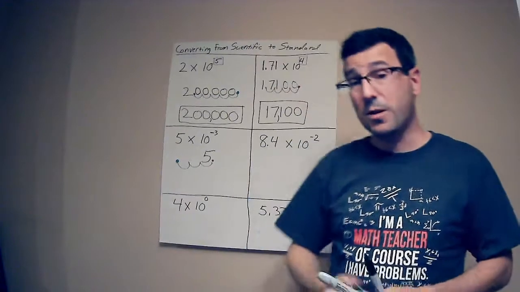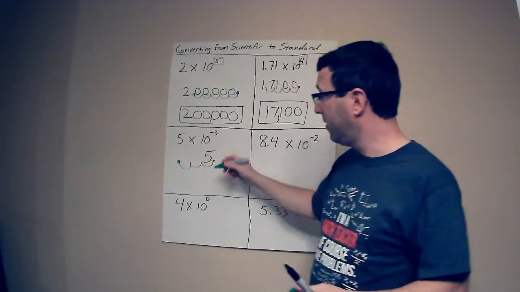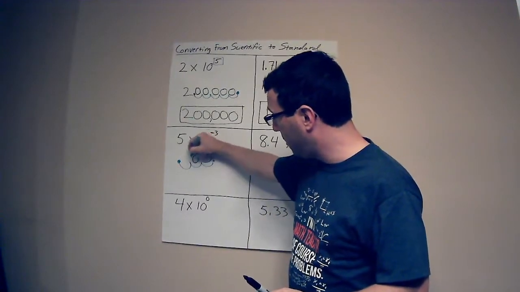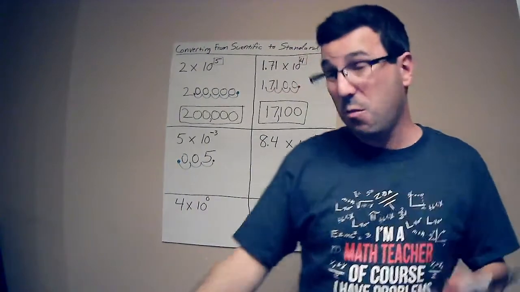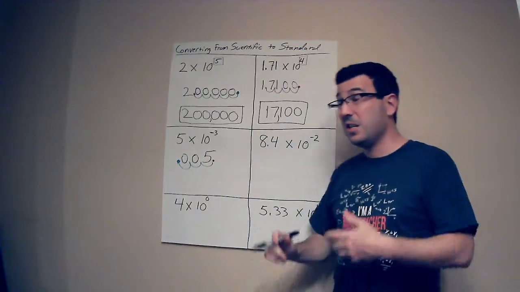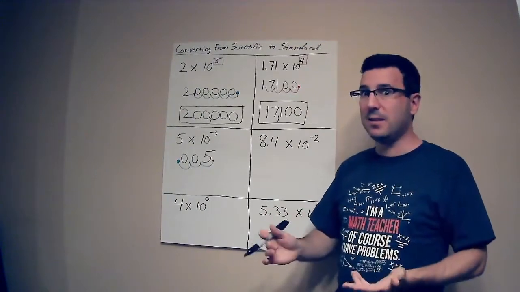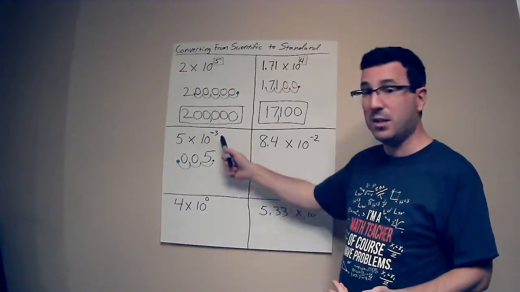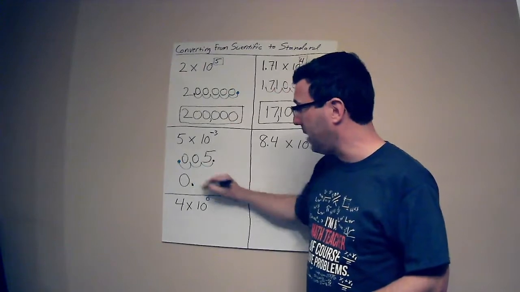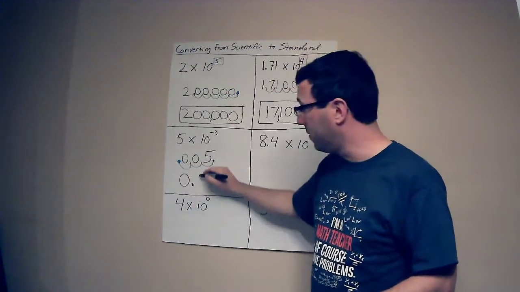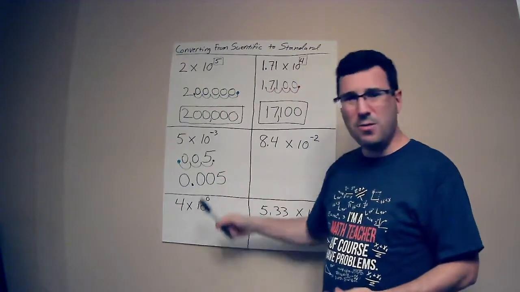Again, notice one of the spots is filled by a 5, so I only have to put 2 zeros. Now, the smaller numbers are a little bit different because we can cheat a little and say it has the same number of zeros as the exponent. If I put a 0 to the left of the decimal and then put what I've written, I do have 3 zeros.